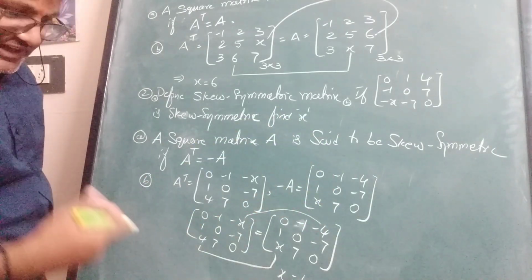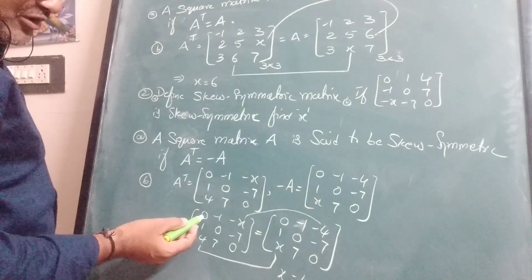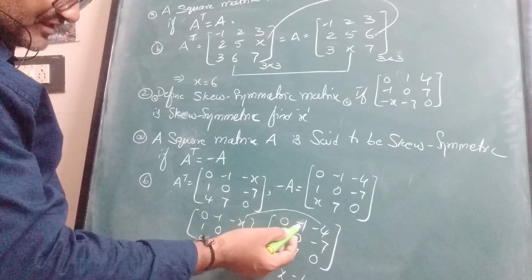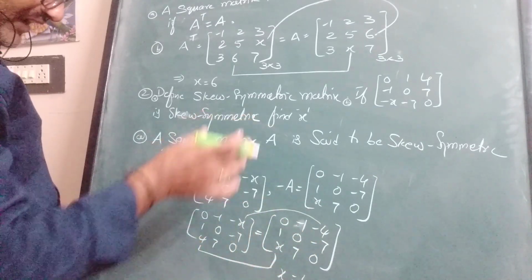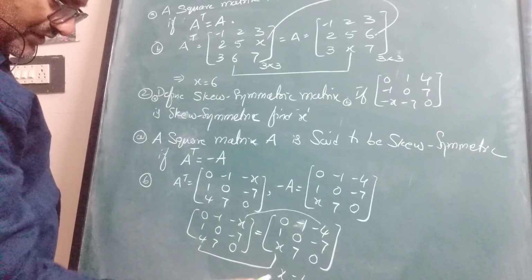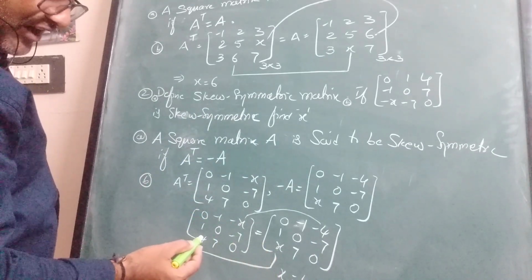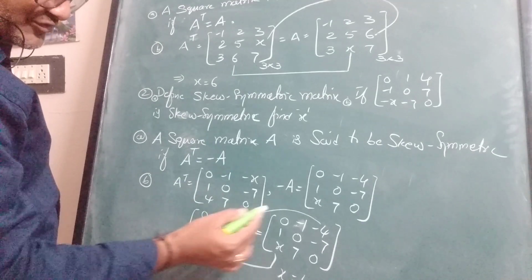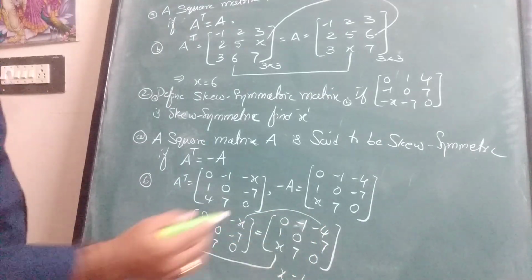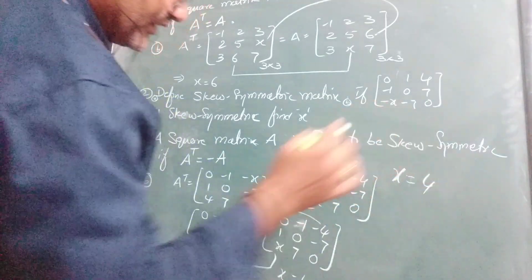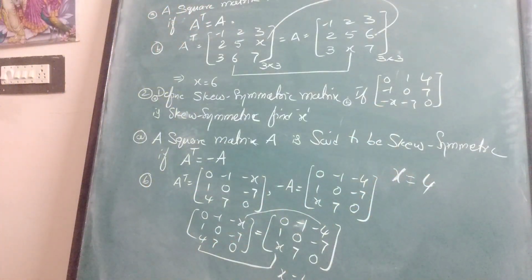Now if you multiply with the negative sign, it becomes 0, and this will be minus 1, minus 4, and equate them. Then we got a 4 in the place of x. In the place of minus x, what we have? Minus 4. So x is equal to 4 is your answer.